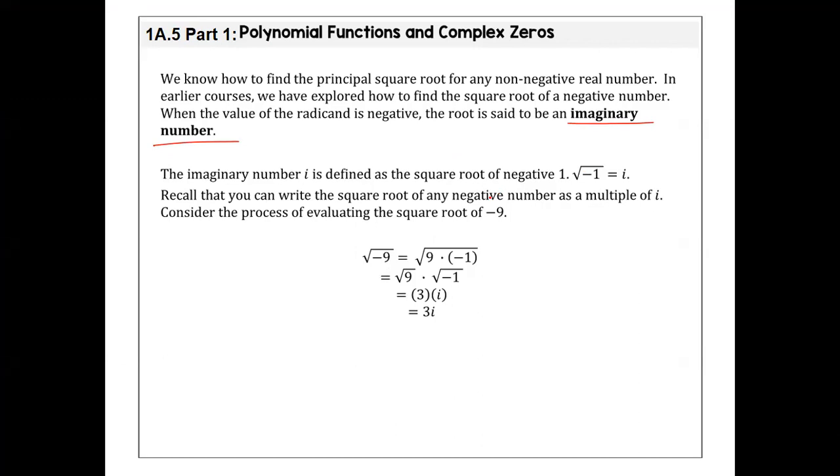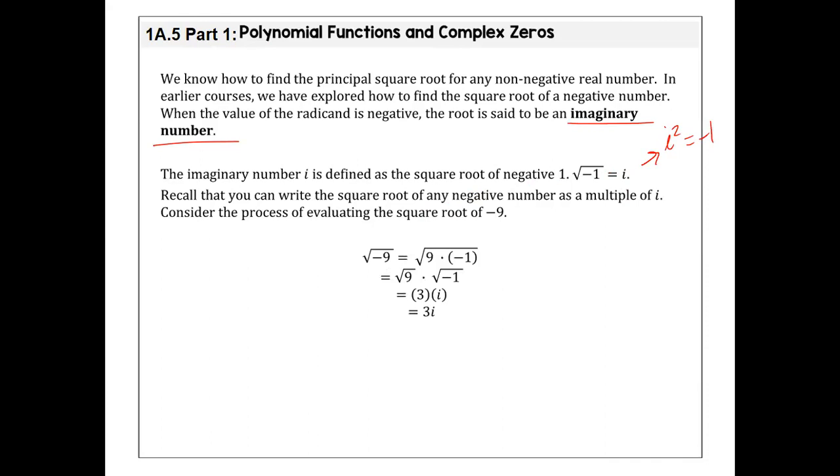If we recall that the square root of -1 equals i, which means that i squared equals what? -1, okay? So those are the main two you need to know and feel okay with: the square root of -1 equals i, and i squared equals -1. Yes? We've all seen this before.